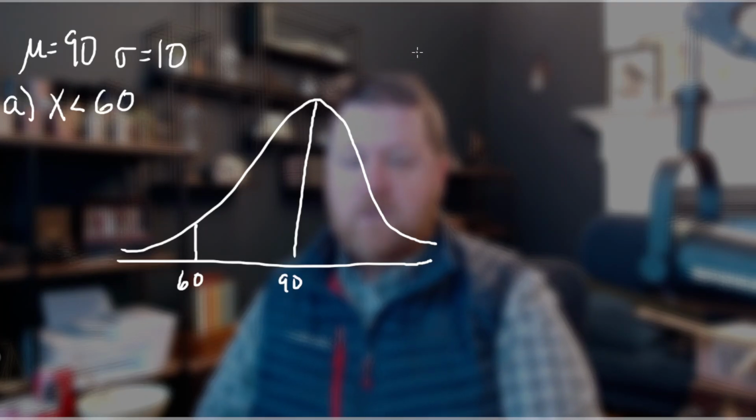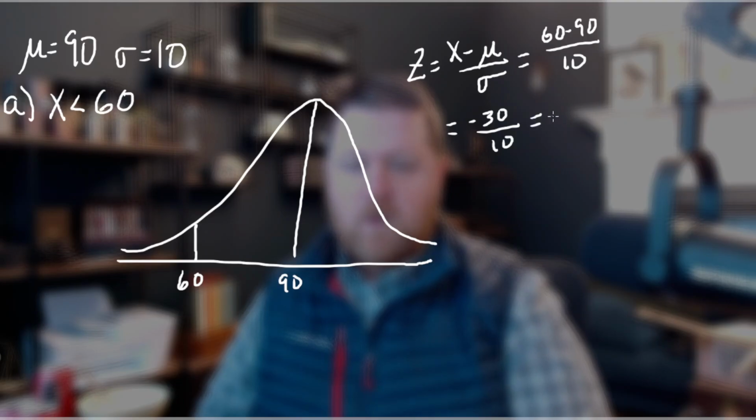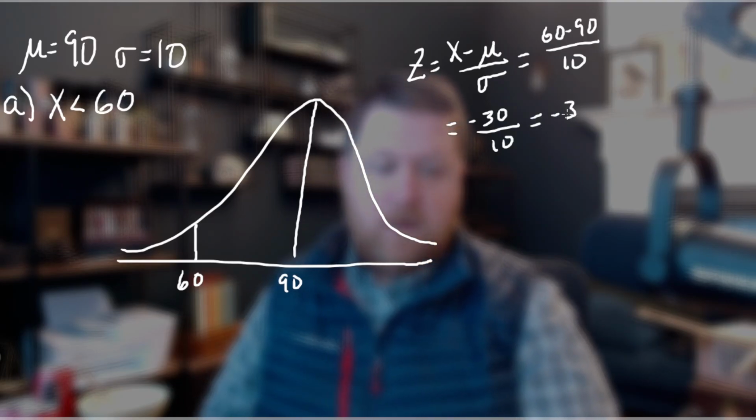Step two, calculate our z-scores. So let's come up here and say z is equal to x minus mu over sigma. Let's plug that in, and we get 60 minus 90 over 10, which is equal to negative 30 over 10, which is equal to negative 3.